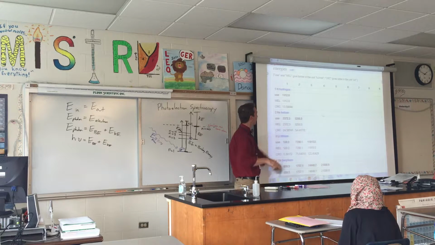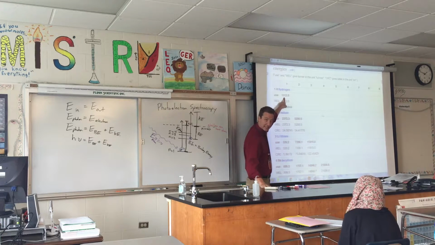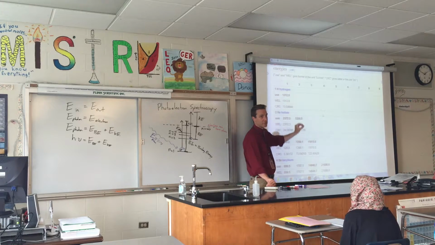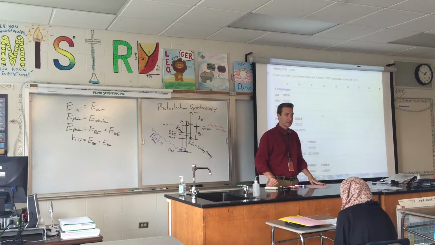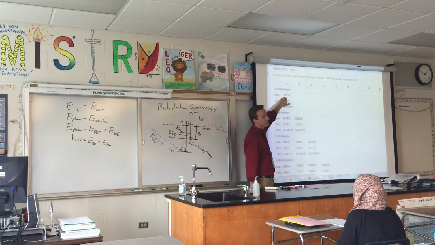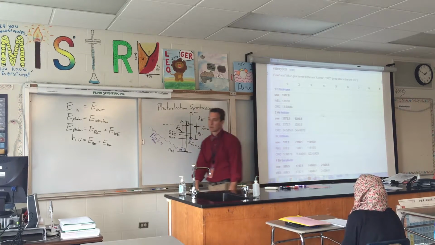I don't know how to go the other way. Because if it takes 1,300 kilojoules, and the other thing said it only took 1.3, it's not measuring in kilojoules, it's measuring in megajoules. Millions of joules. Kilos 1,000, megas a million. Okay? So really this is 1,300,000 joules per mole, 1.3 megajoules per mole.